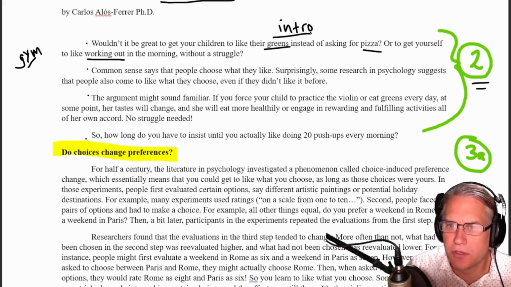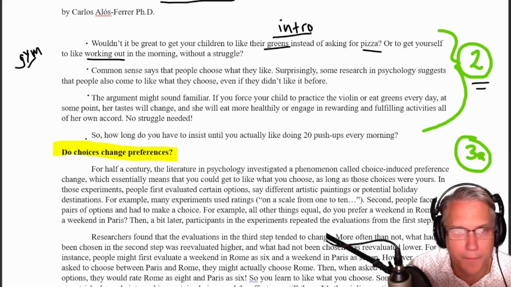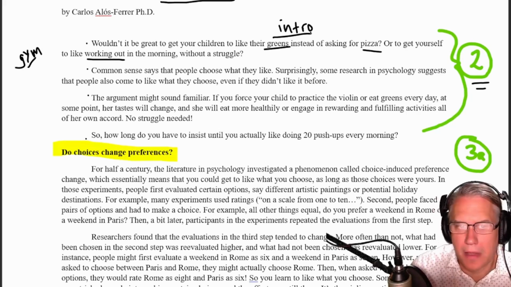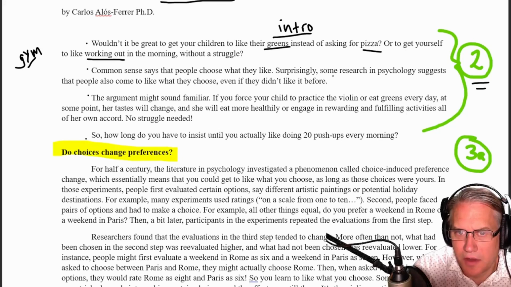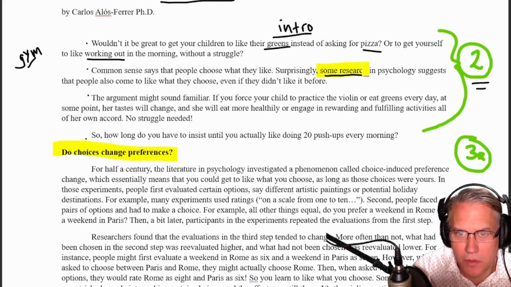Surprisingly, some research in psychology suggests that people also come to like what they choose, even if they didn't like it before. Okay, so a couple of things. So some research in psychology. All right, so this is what we're going to be disagreeing with, I guess. We're going to be disagreeing with some research.